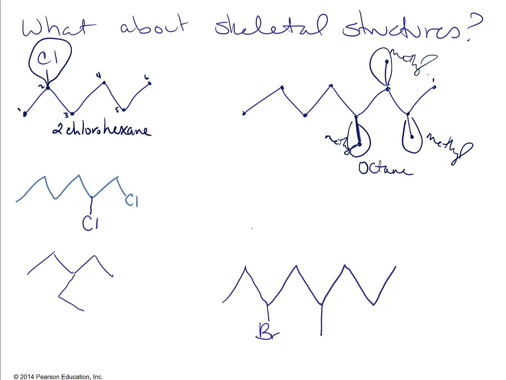So remember, start numbering from the very end because that's a carbon. 1, 2, 3, 4, 5, 6, 7, 8. So we do 2, 3, 4: 2,3,4-trimethyl octane. You have a methyl on 2, a methyl on 3, and a methyl on 4.